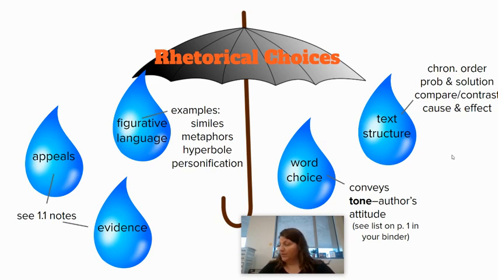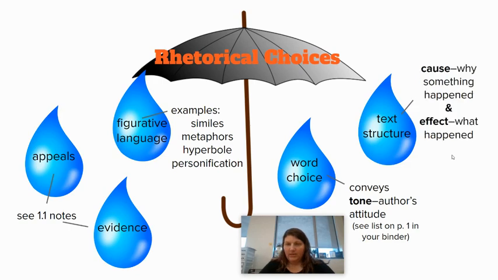And we're going to be talking specifically about cause and effect today. So cause and effect is, the cause is why something happened. It's the reason for something happening. And the effect is what happened. So in the text that we're going to read today, the author uses cause and effect text structure, which is why we are focusing on that particular text structure.